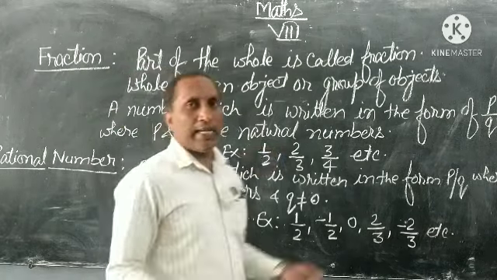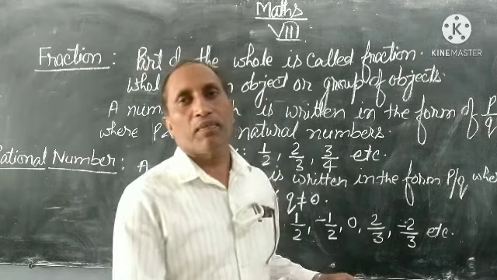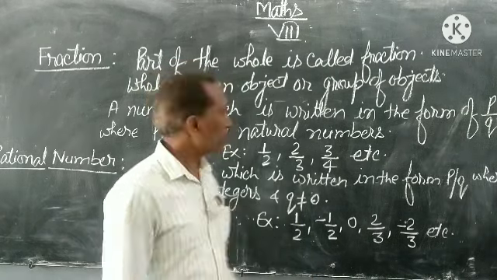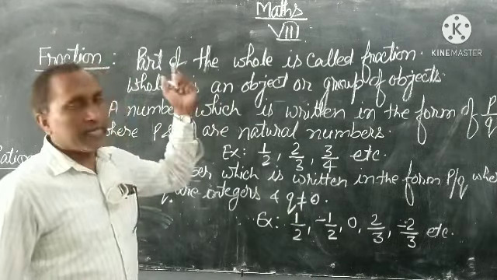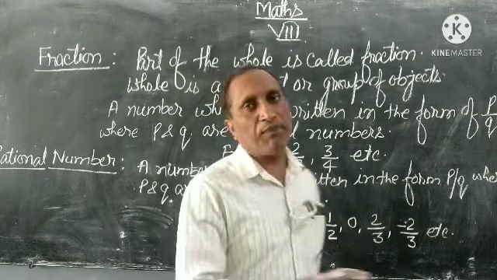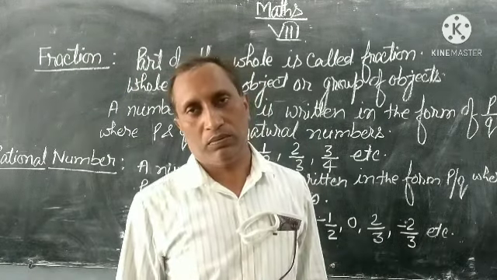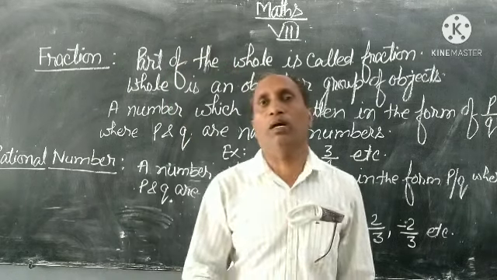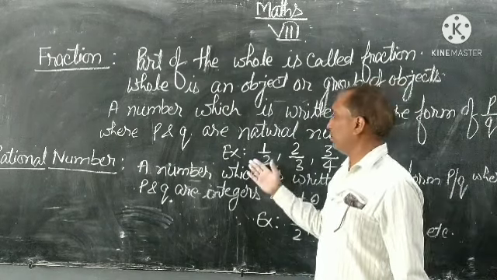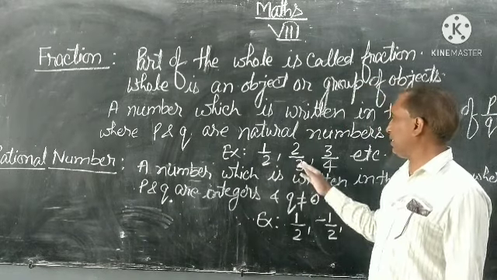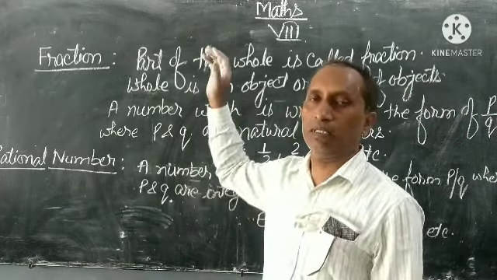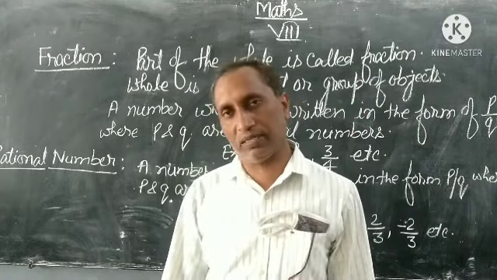Whole is an object or group of objects. Clear? The definition is a number which is written in the form of p by q, where p and q are natural numbers. Example: 1 by 2, 2 by 3, 3 by 4, 4 by 5 and so on. These are the examples of fractions.